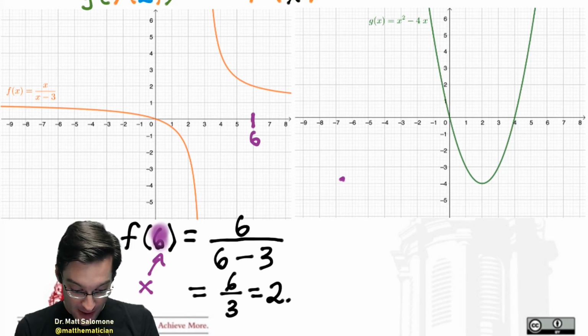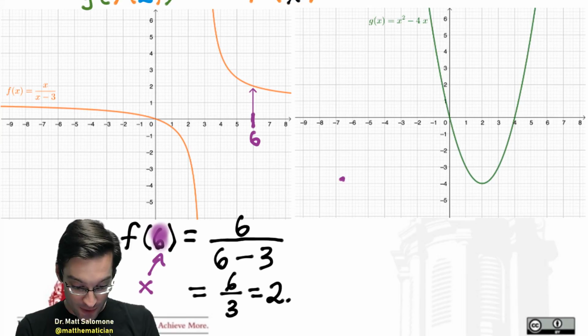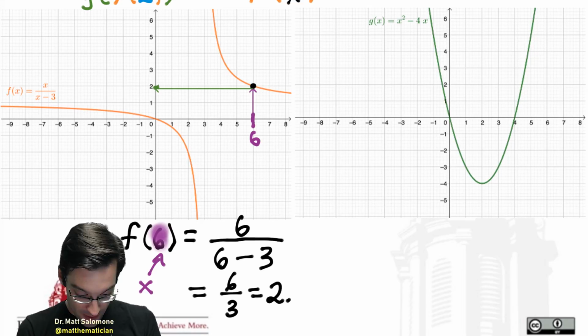So from my x equals 6, I plant my feet and I look above and below and ask, is there a point on the graph either above or below x equals 6? And in this example, the answer is yes, there's a point directly above x equals 6 on the graph of this function. And then to find the y value, all I have to do is read off the y-coordinate of that point. And the y-coordinate of that point is 2.